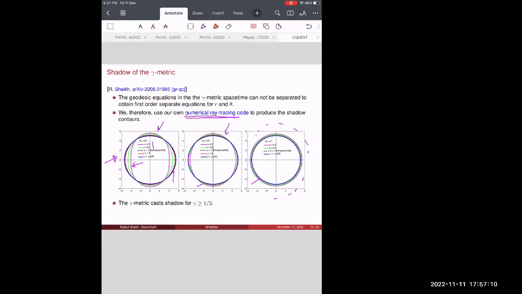But people generally do not consider this interaction; they just take the background metric and study the shadow. As far as plasma is considered, suppose there is accretion in plasma, and the plasma will interact with the photon. There are several works on shadow with plasma, and they consider the interaction. In that case, the shadow is different from the original non-plasma case.